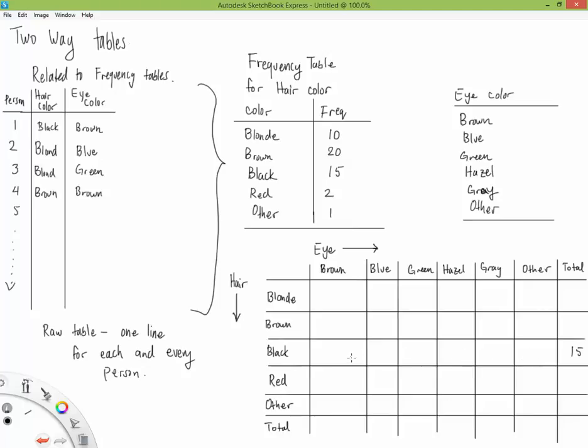It has to add up to 15, so I'm going to say 10 people have black hair and brown eyes, 2 people have black hair and green eyes, 2 people have black hair and hazel eyes, and 1 person has black hair and gray eyes.